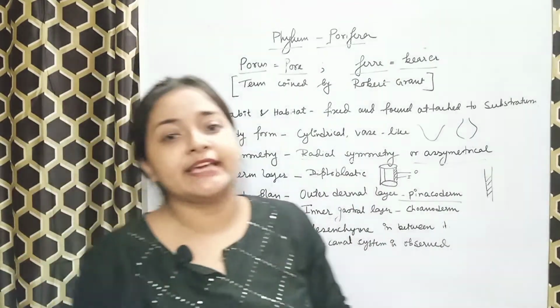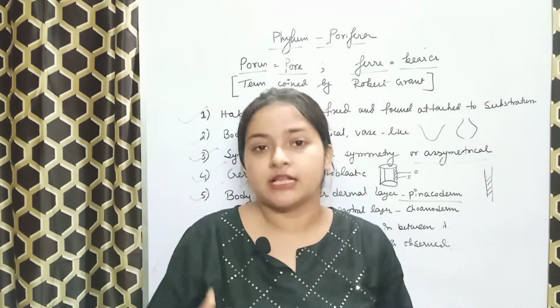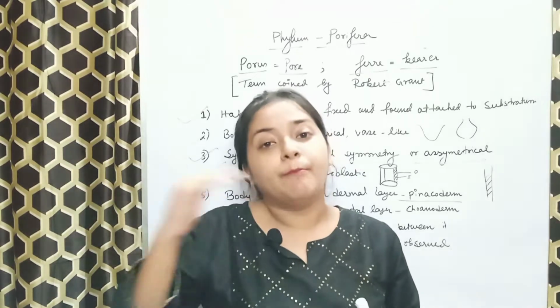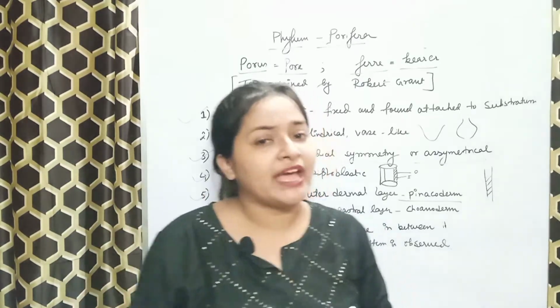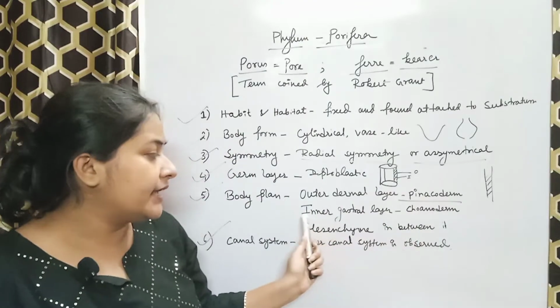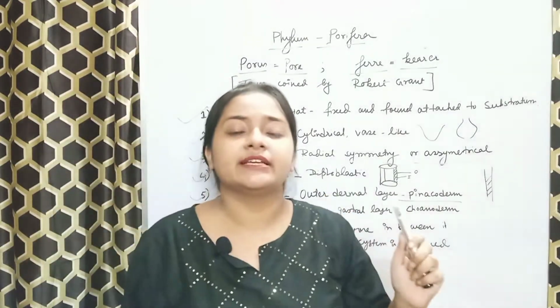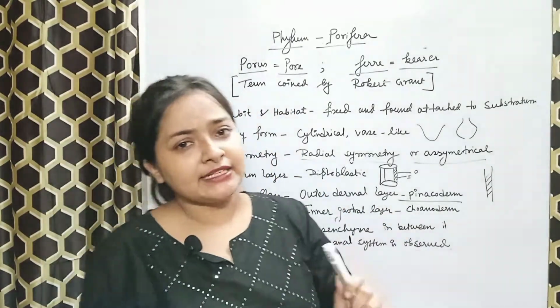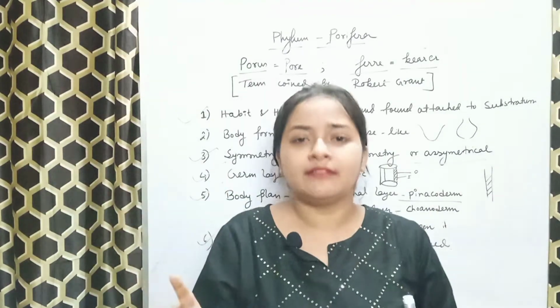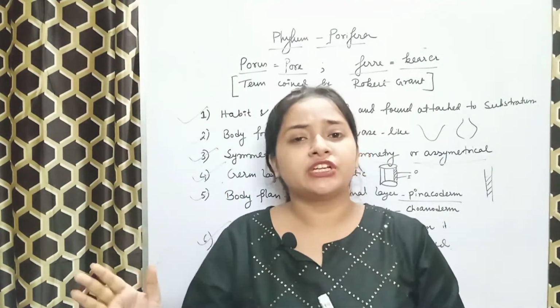Next is germ layers. They are diploblastic, having two layers. The outside layer is known as pinacoderm, and the inner germ layer is known as choanoderm. Understand? There is no middle layer, only an outer layer and an inner layer.